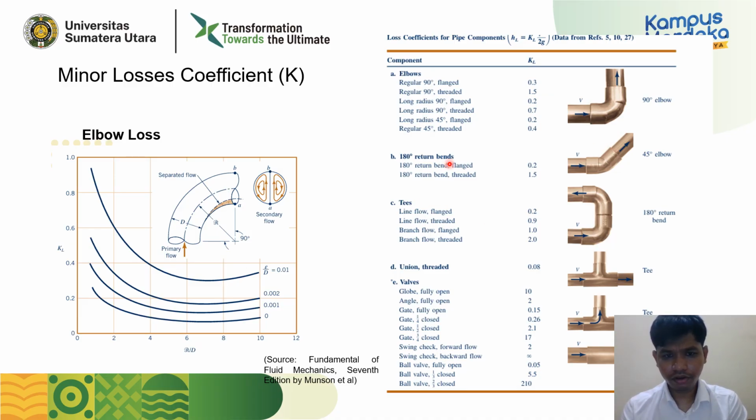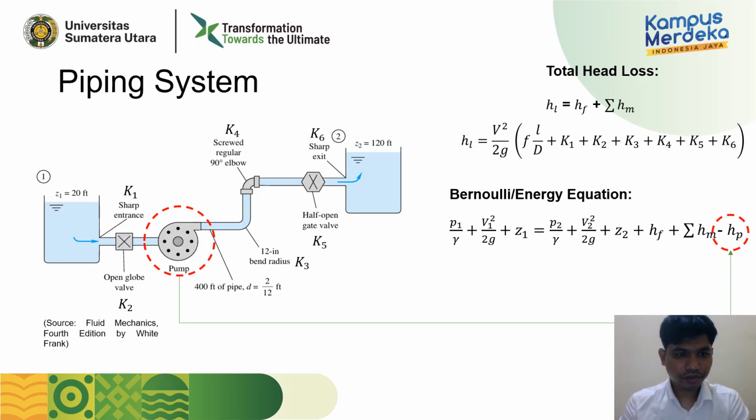Or if we have return bends like this, if it is flanged, we will have 0.2. If it is threaded, we will have 1.5. And other things like globe valves and tees like this. So using this table will give us the minor loss coefficients.